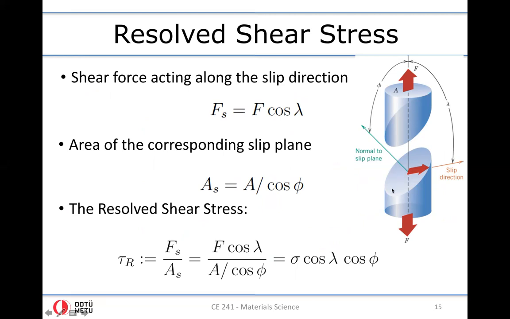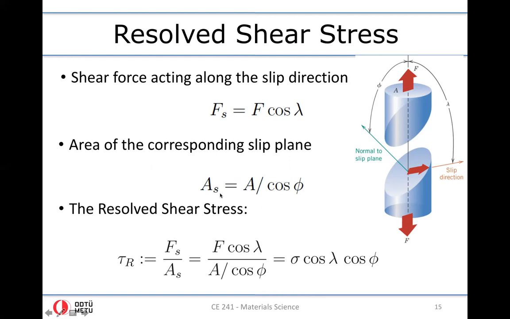And the area of this inclined plane, of course, must be greater than the cross-sectional area we have here. That is given by A over cosine phi, where phi is the angle between the direction of the loading and the normal to the slip plane. That is denoted by A_S, the area of the slip plane.